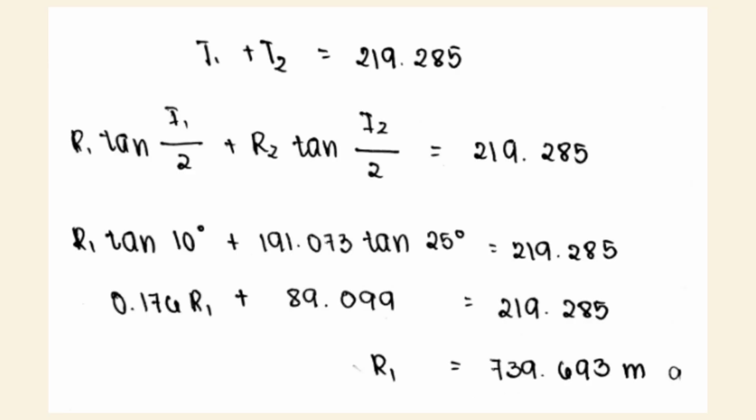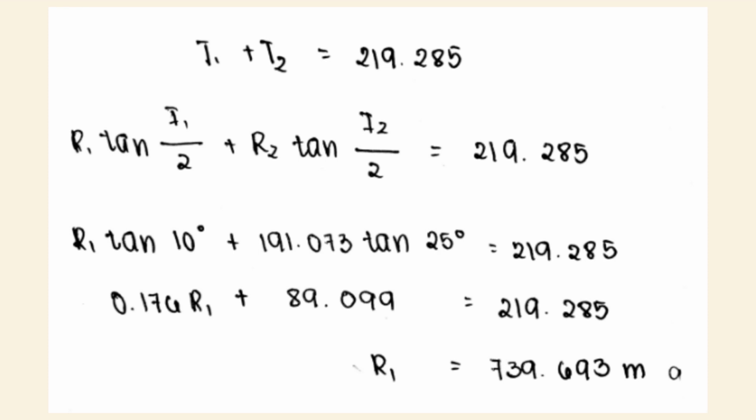So the value of our R sub 2 is equal to 191.073 meters. We have T sub 1 plus T sub 2 equal to 219.285. But T sub 1 is equal to R sub 1 tangent I sub 1 over 2, while T sub 2 is equal to R sub 2 tangent I sub 2 over 2.